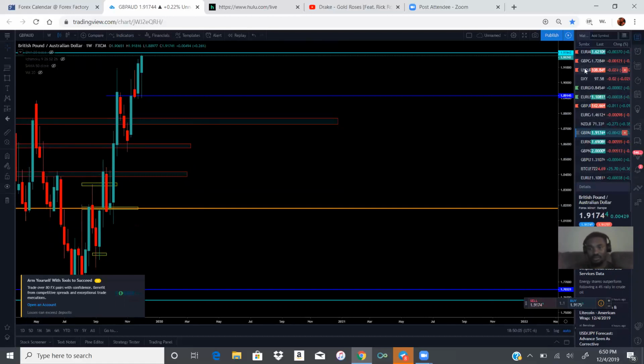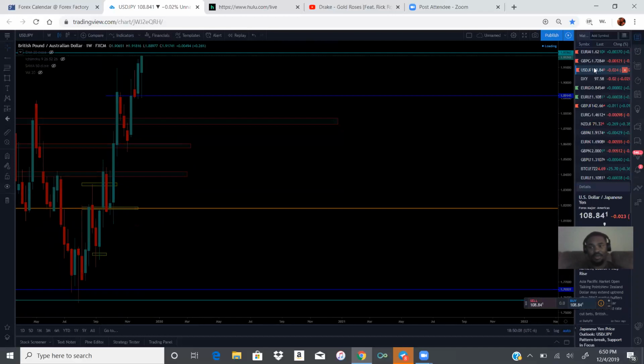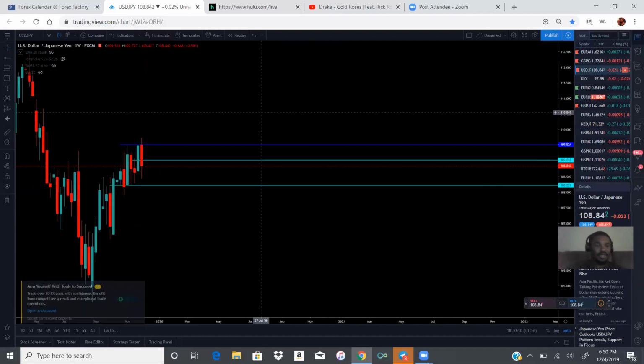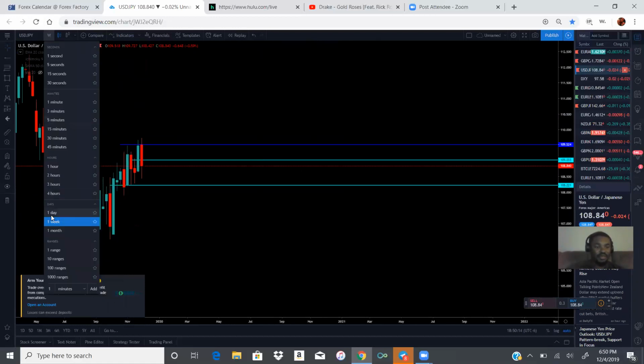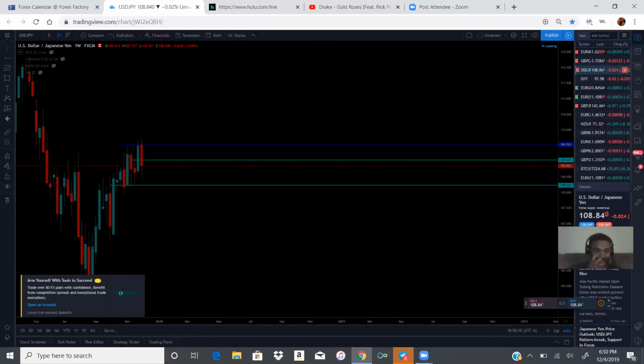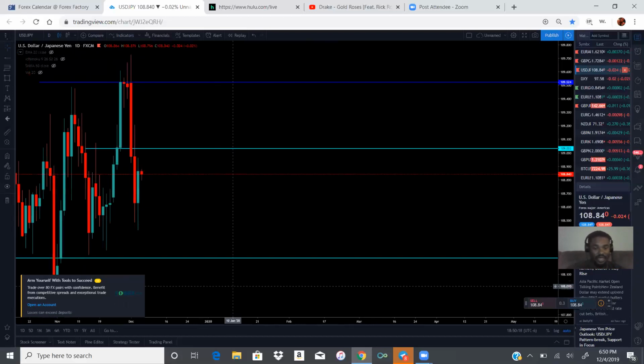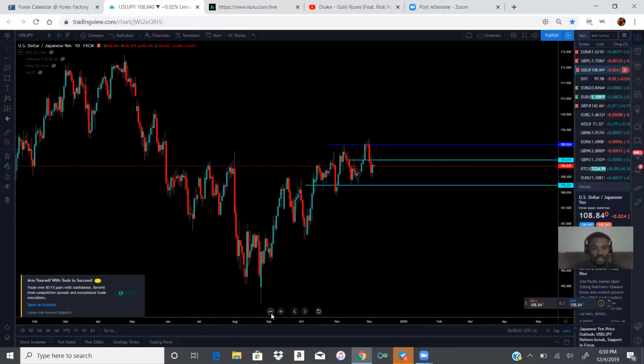So let's go to a pair that everybody kind of knows, USD JPY, kind of finish this off, right? So we had on the daily been in this consolidation range because of the DXY. It's been kind of in the consolidation, kind of pushed up into this range, and now we've hit this equal high here, right?